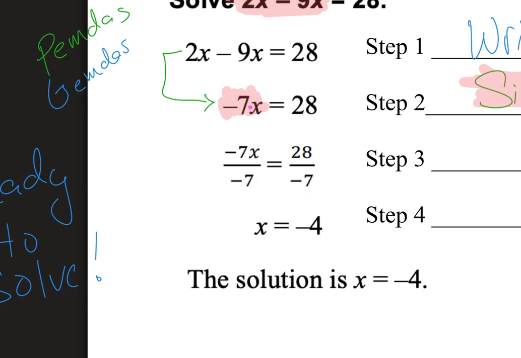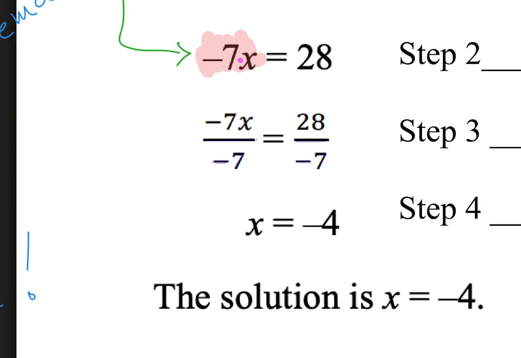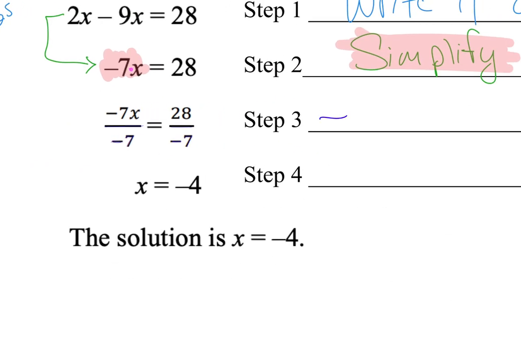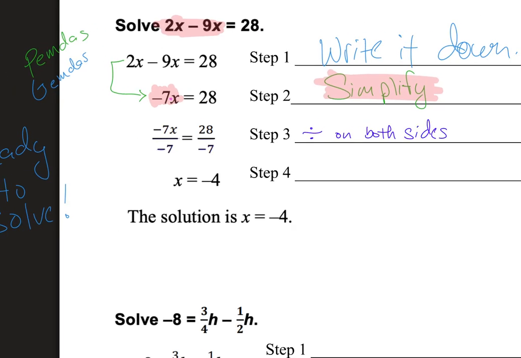So check it out. They divided by negative 7 on both sides. So guess what the blank is? Divide on both sides. Now, this divide part right here could be multiply, could be add, could be subtract, right?